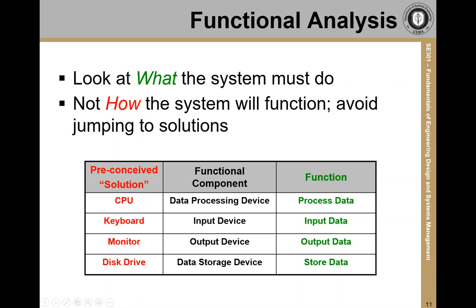All right, so the key differentiator is we can see on the right we had verb object. On the left we have different solutions or tools that help us perform that function. So really when we're talking functional analysis, we want to be thinking in terms of the green, not the red.